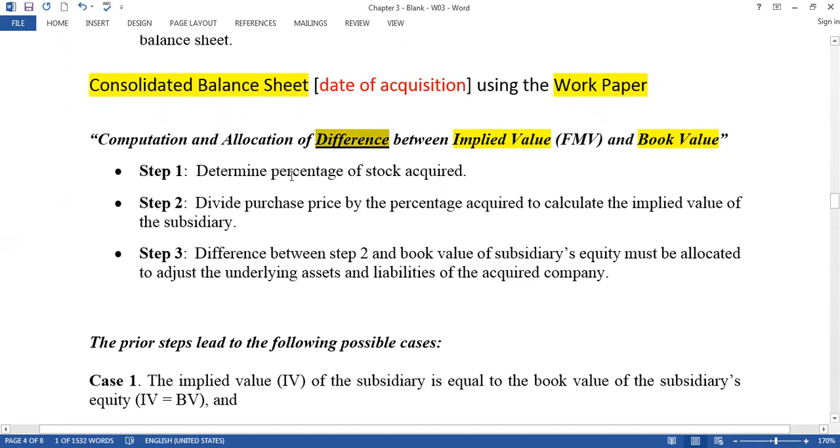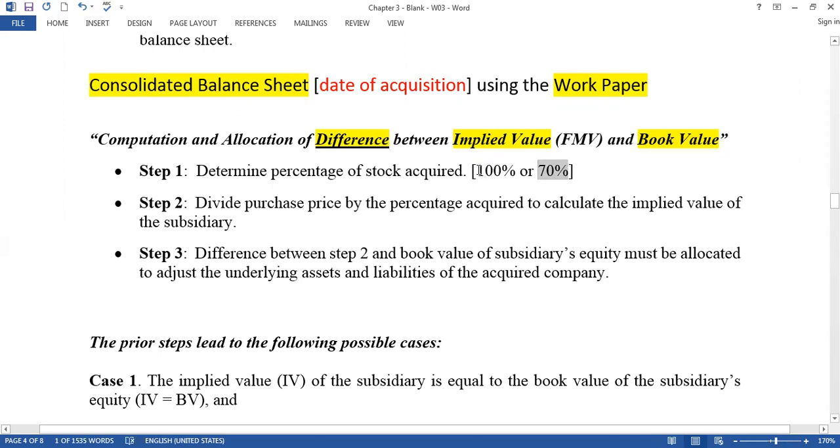Step 1, determine the percentage of stock acquired. I told you that you may acquire 100%, or you may acquire less than 100%, like 70%, for example. So you have to read the question carefully and find out whether you acquired 100% or less than 100%.